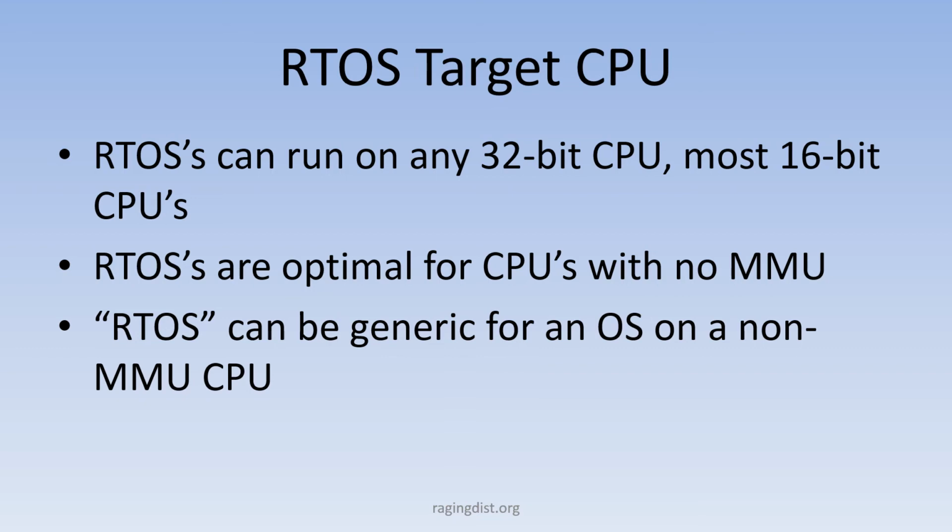So on the first level, an RTOS is any operating system that can run real time. And what I have in the second point of this slide is an RTOS is optimal for CPUs with no MMUs. There are real-time operating systems which work with MMUs, but depending on the context, a lot of times when you say RTOS, you imply that it's not using an MMU, that it's a smaller operating system.